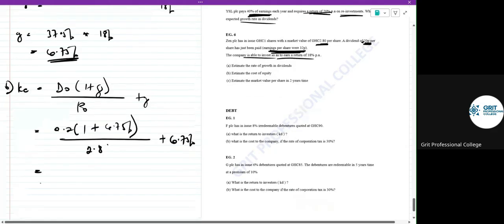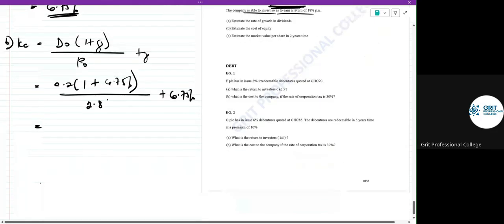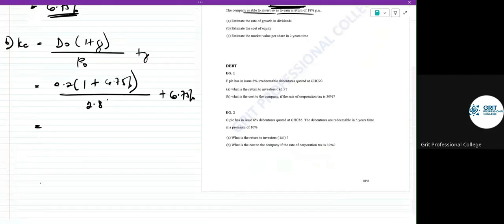And that therefore gives us a cost of equity of 14.375%.